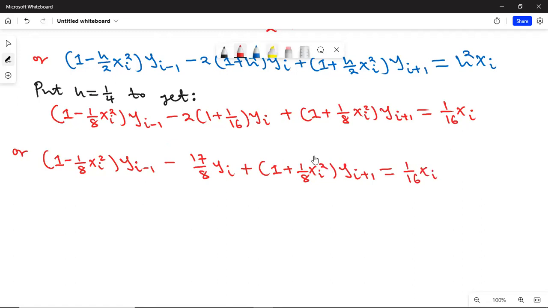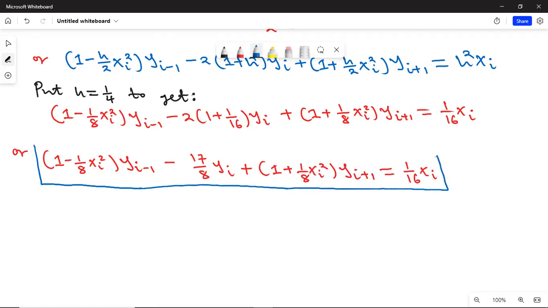So this one is what you are calling the central difference scheme. Let me bracket it. Central difference scheme for the given boundary value problem. Remember, when you talk about boundary value problem, you're given an ODE together with the boundary conditions.